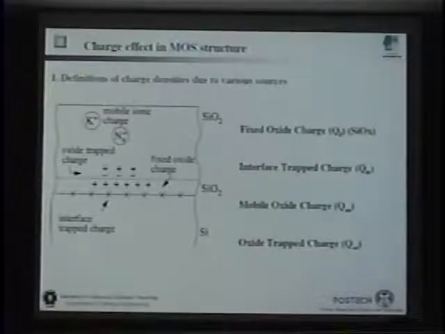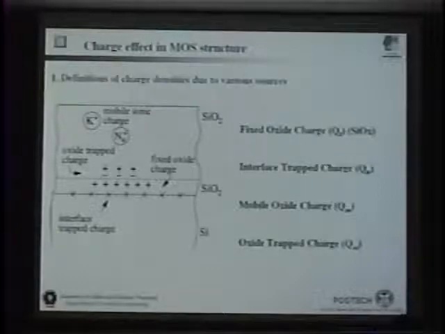Well, for silicon semiconductor and SiO2 insulators, it is well defined and well studied because silicon devices have been in the market for more than 30 years. Here you can see some charges or defects in the silicon and silicon oxide system, which will affect transistor properties.